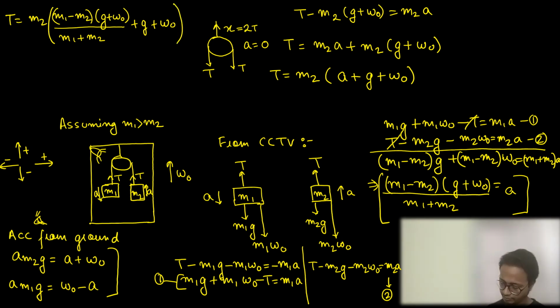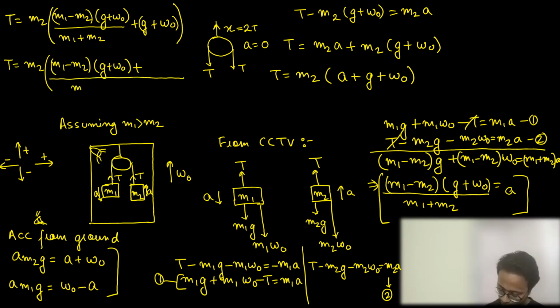Now if I solve this, can I take this entire thing as an entity? So T is equal to m2 into m1 minus m2 into g plus omega naught, plus, taking the LCM as m1 plus m2, g plus omega naught multiplied by m1 plus m2.